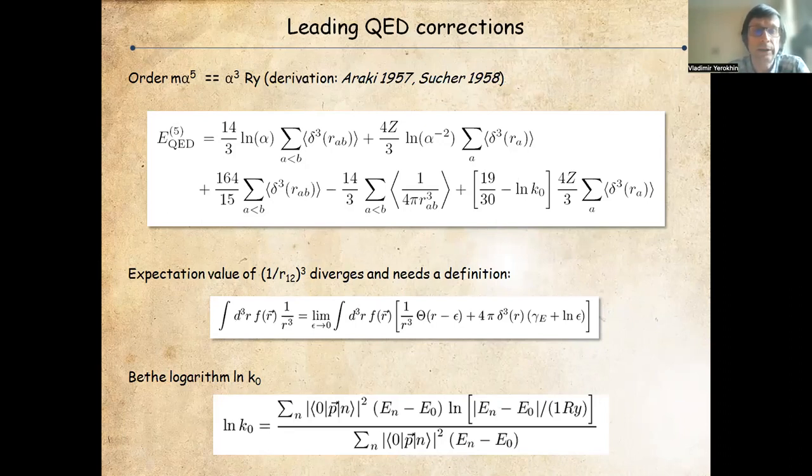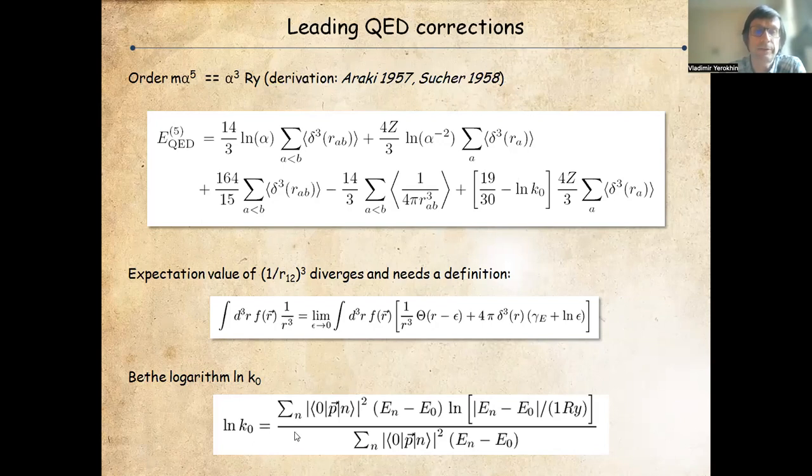It looks a little bit complicated, but in fact one can derive a closed form expression already for a regularized operator, and its calculation does not present any difficulties. On the other hand, this quantity here is called the Bethe logarithm, and it is the first case of a non-local operator.